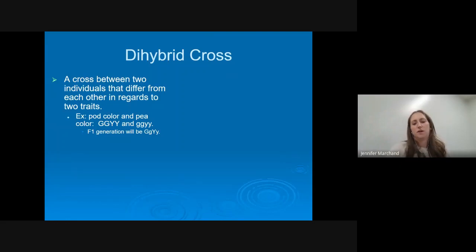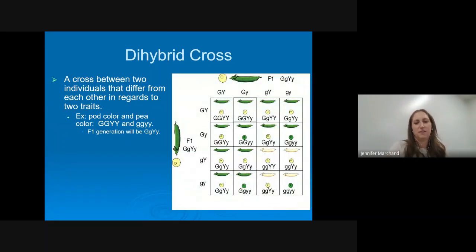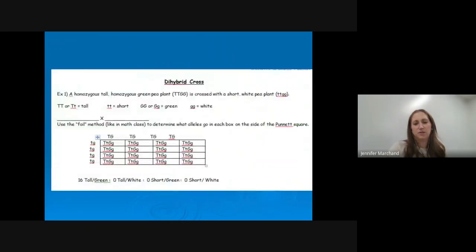You have the fully dominant with the big G and the big Y, and then you have the fully recessive with the little g and little y. Your first generation is going to end up with big G, big Y, little y. And then if you cross that again, let's see what you'd get.